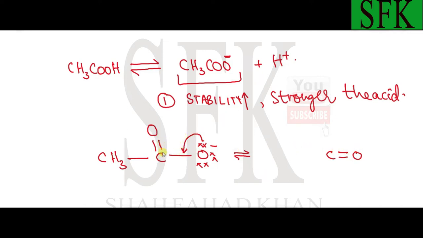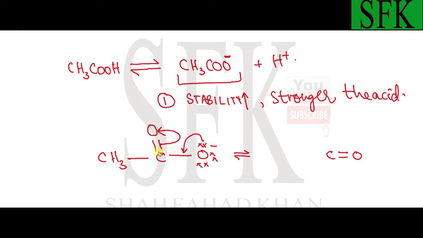Once this bond starts forming, the carbon is tetravalent, that is, it can have a maximum of 4 bonds at the same time. This is the fifth bond that is trying to form. So at the same time, the electrons of this carbon-oxygen double bond, the pi bond electrons, are transferred to the oxygen atom right next to the carbon atom.